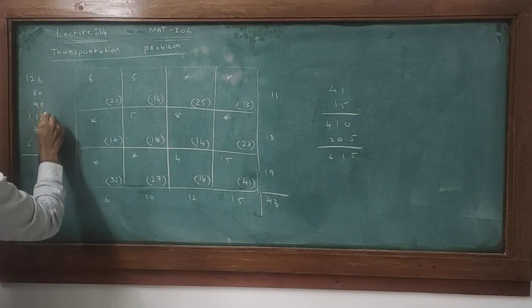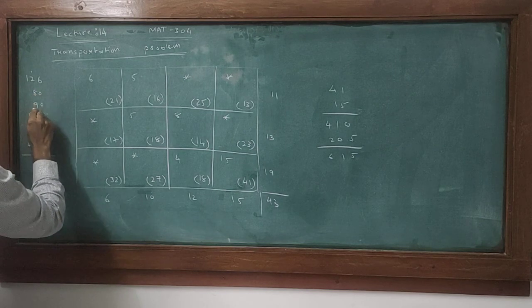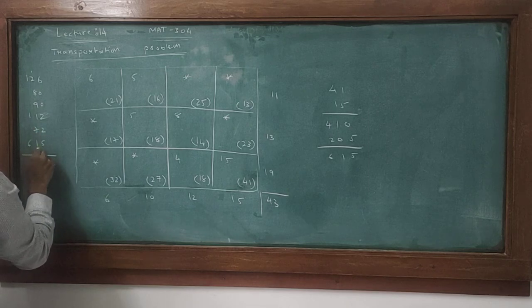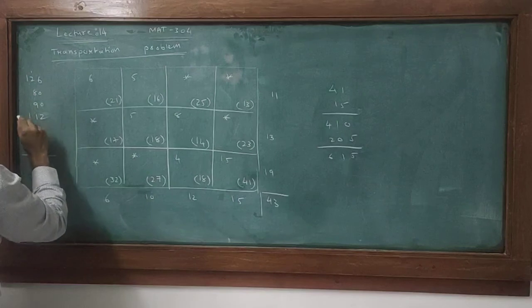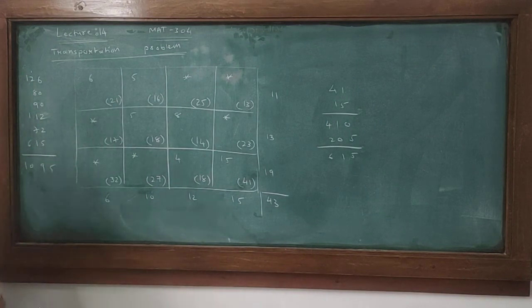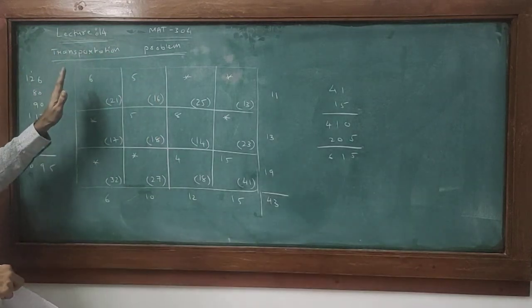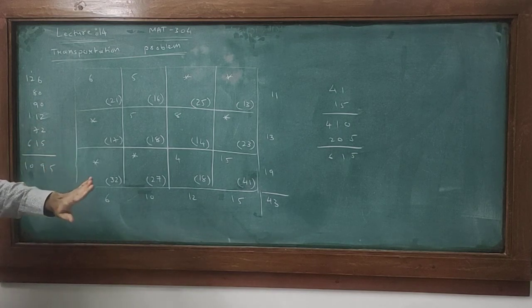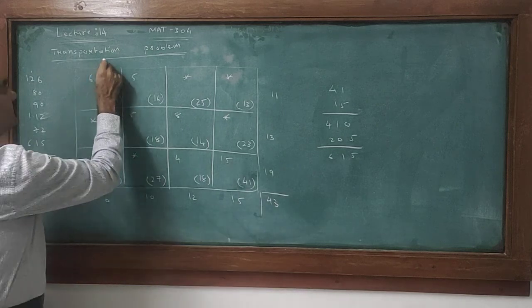Therefore this sum is 1095. This will be the answer for the transportation problem by the northwest corner rule.